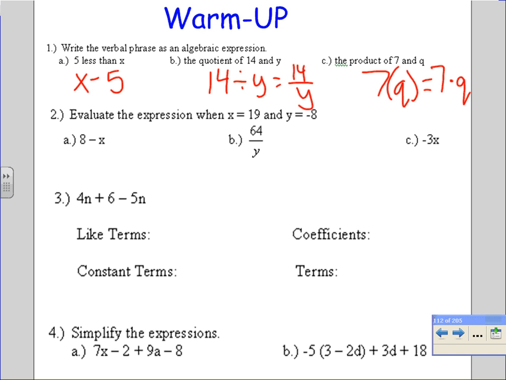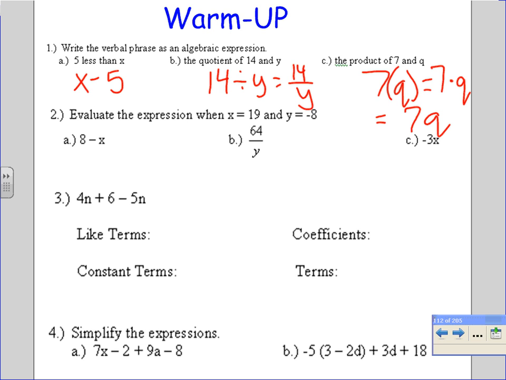Did you not read the directions? Oh, that's okay. What's the third way we could write this to mean multiplication? Good. You could also write it as 7Q. Any three of those is acceptable.